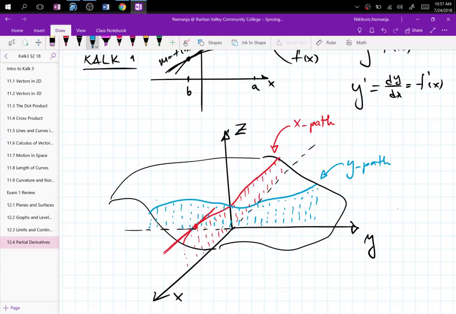So now I would draw a tangent line, let's say here. Again, horizontal tangency, this is a local maximum right there, right? And this would be only the x path. So now here, this m would be what we call the partial derivative of y. So we see f subscript y, and the red one would be m equals the partial derivative of x.